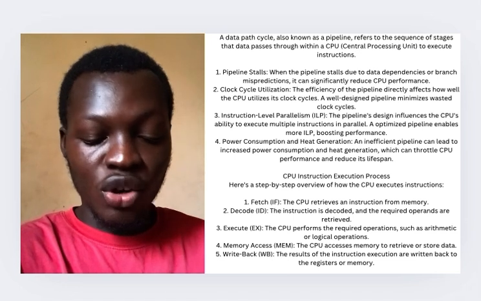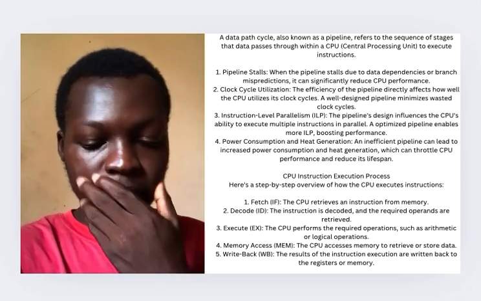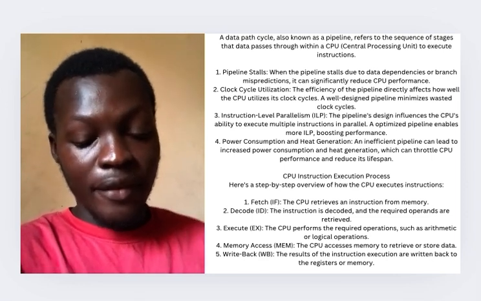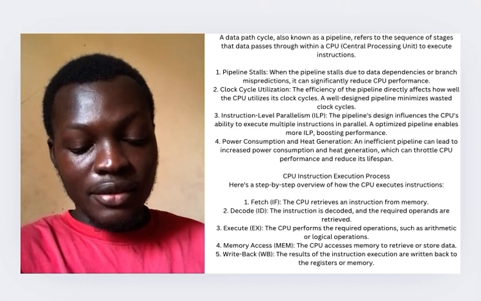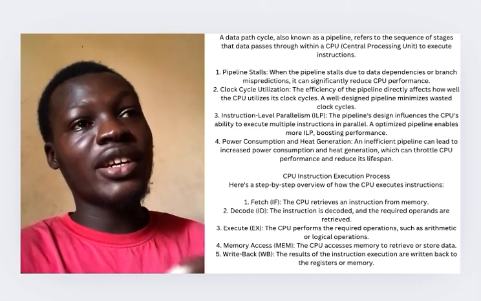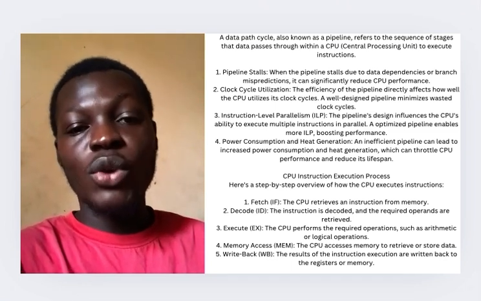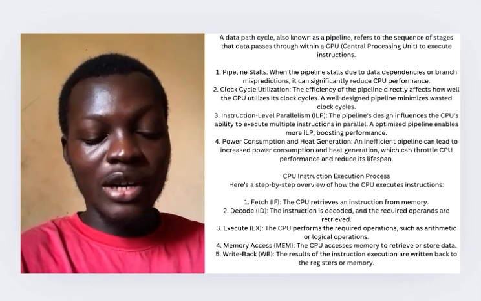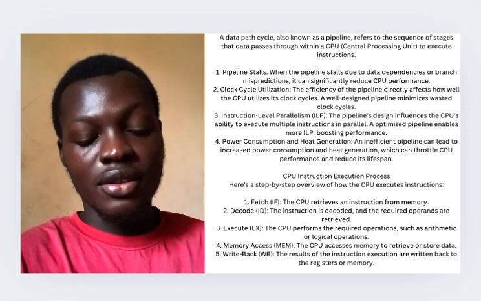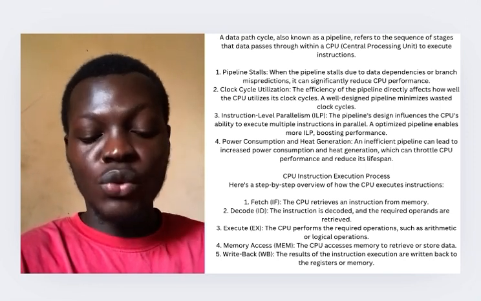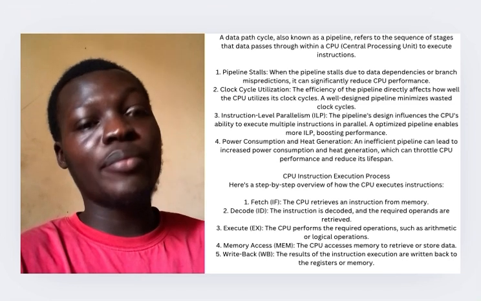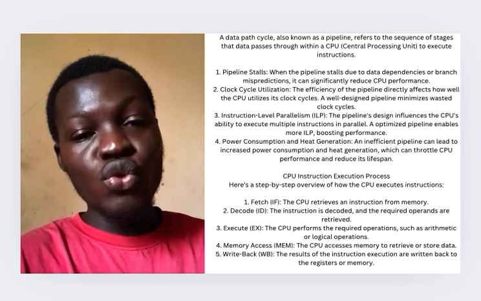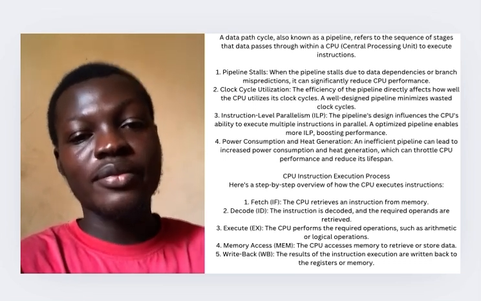So normally, the CPU's ability to execute multiple instructions in parallel, when you have an optimized pipeline, it enables more instruction level parallelism. When that happens, it boosts the performance of the CPU.